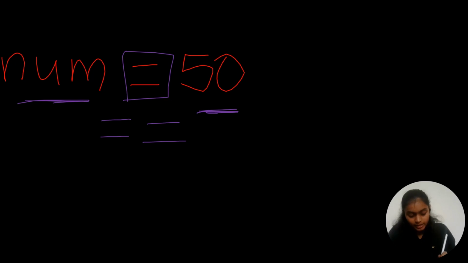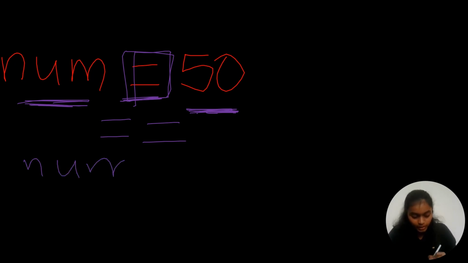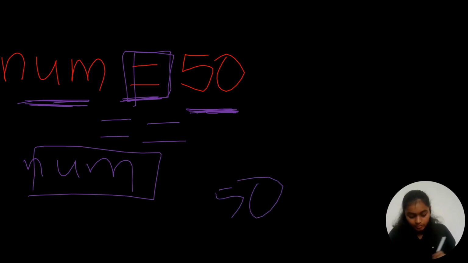That is the reason why I am using a single equal sign. It indicates the assignment of the value on the right hand side to the variable on the left hand side. So later on, if I want to get the result of the number, I can just put num. If I put num, I'll get output as 50. So here we are done.